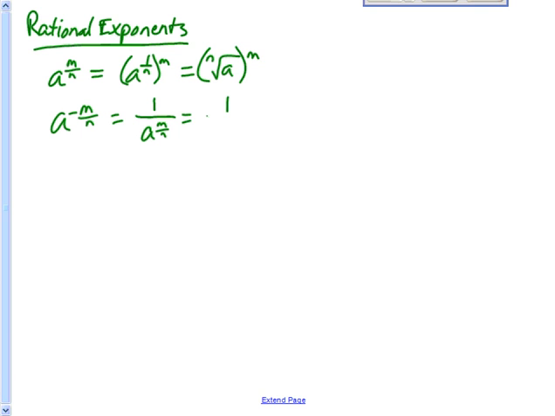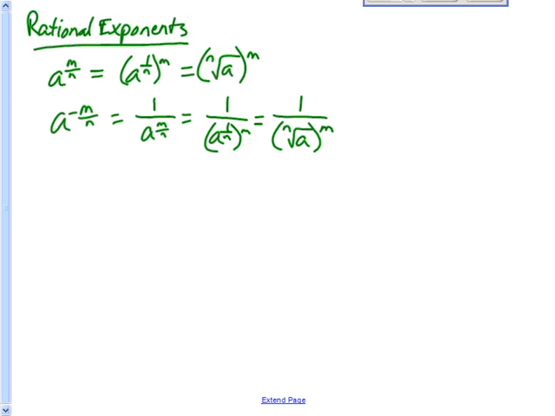Then we just apply that definition. We get a to the 1 over n to the m, or the nth root of a to the m. So that's some rational exponents again, and a to the 1 over n being the nth root of a, n being a positive integer.